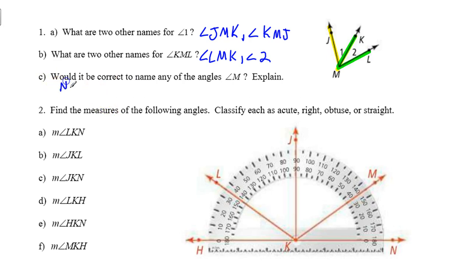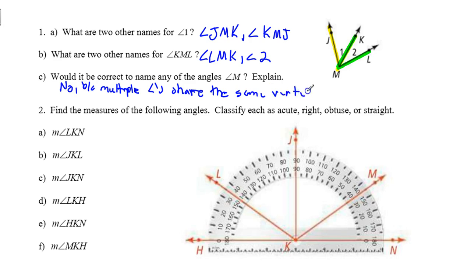And the answer to that question is no. And the reason is because multiple angles share the same vertex.